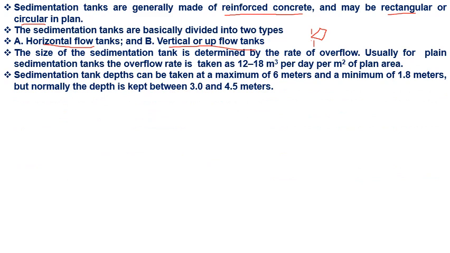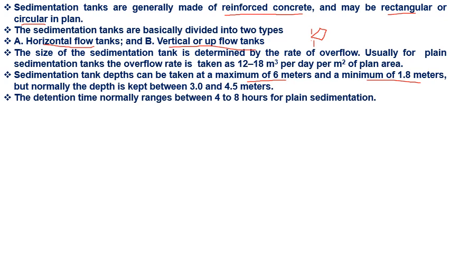The sedimentation tank depth can be taken as a maximum of 6 meters and a minimum of 1.8 meters, but normally the depth is kept between 3.0 and 4.5 meters. The detention time normally ranges between 4 to 8 hours for plain sedimentation.